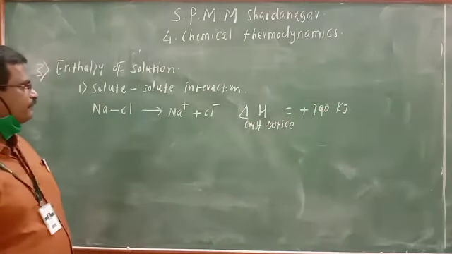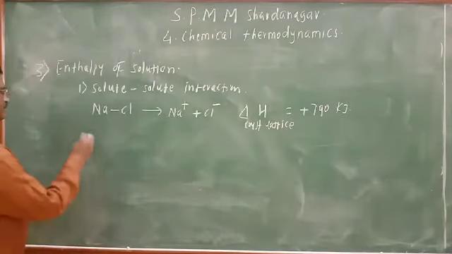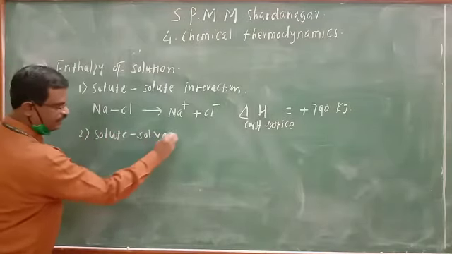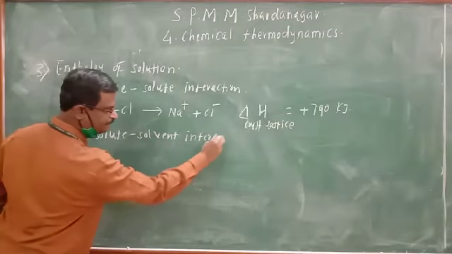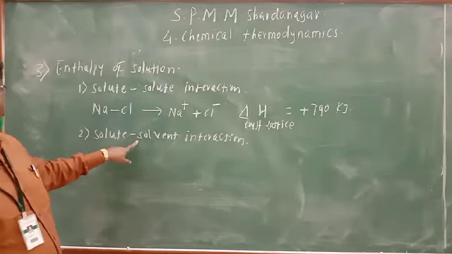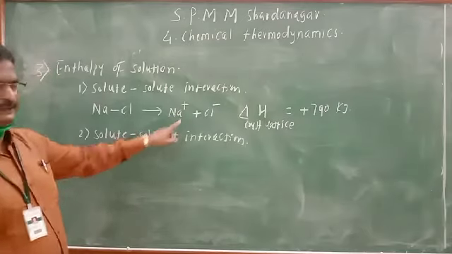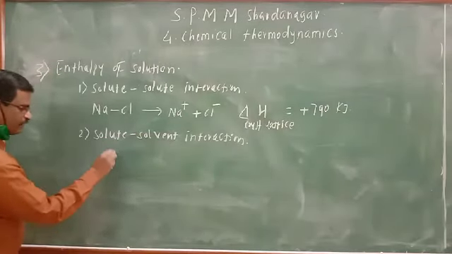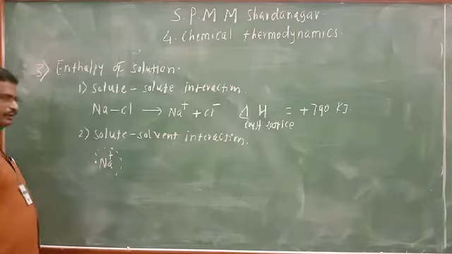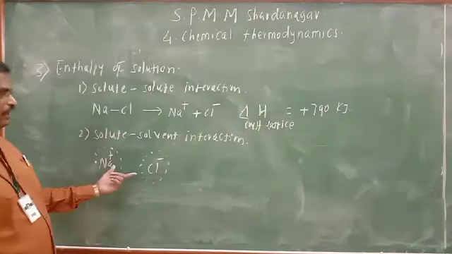Now secondly, what happens? Once these ions are obtained, they are added to the solvent. Therefore, now solute-solvent interaction takes place. The second part is there is interaction between solute and solvent molecules. Over here, these ions get hydrated. Na plus ion is covered from all sides by solvent molecules, and Cl minus ion gets covered from all sides by the solvent molecules.